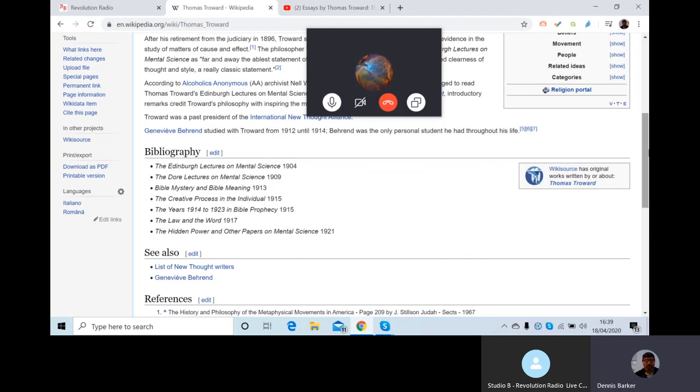That was published in 1915. All of these are 1900 and something. I keep wanting to say 2000. The years 1914 to 1923 in Bible Prophecy. That was published in 1915. The Law and the Word in 1917. The Hidden Power and Other Papers on Mental Science, published in 1921.